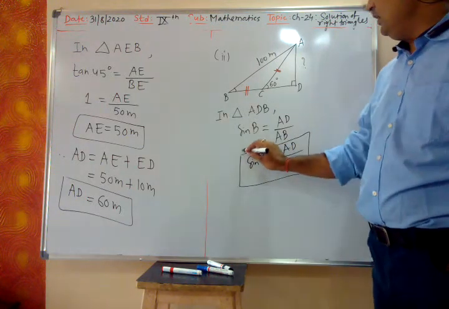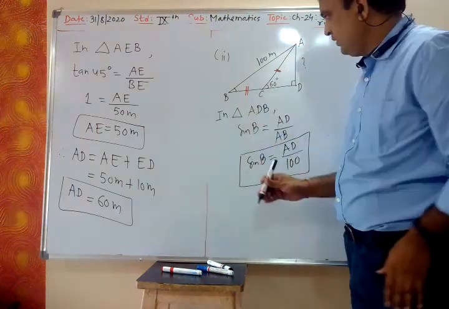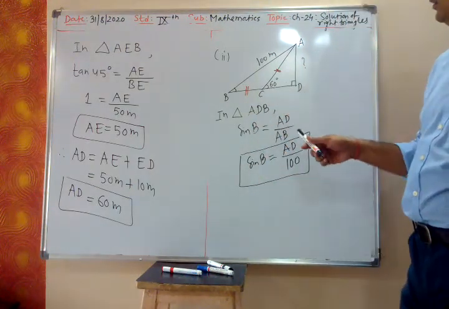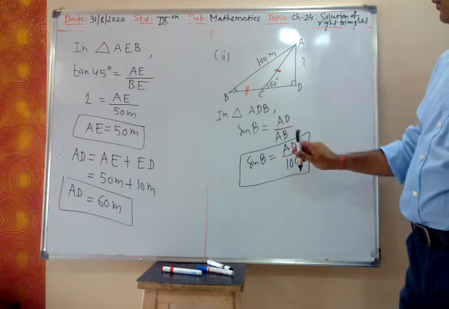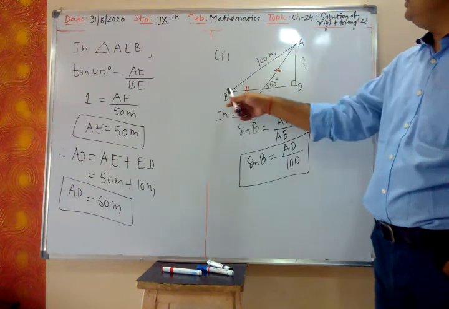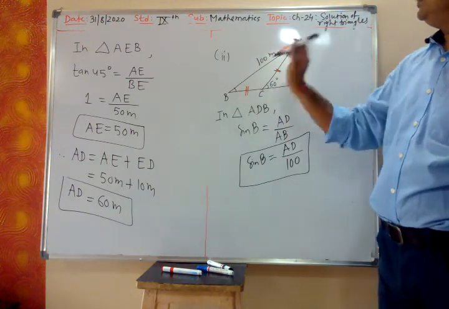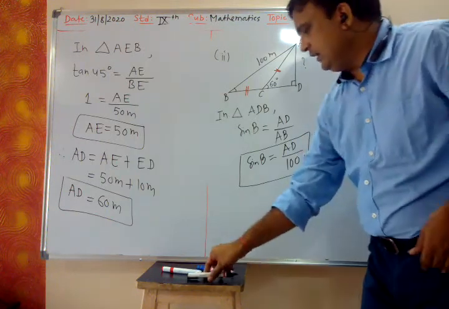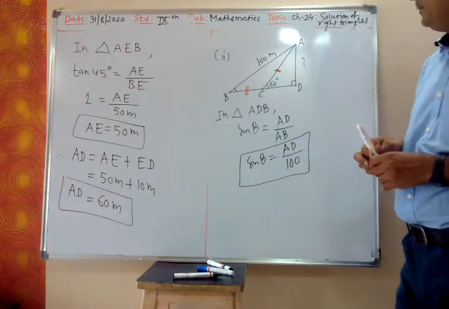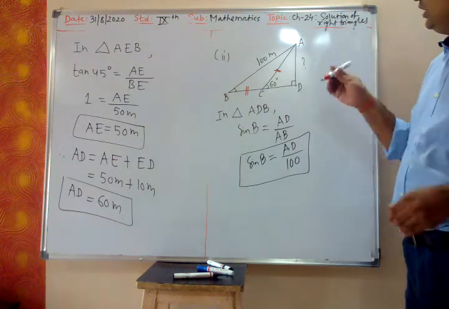No, I have not cross multiplied. Simply I have considered sine B in triangle ADB, opposite upon hypotenuse. Nothing else. Now we have to find the angle B. What is my angle B? That we have to find. So how do we find this?